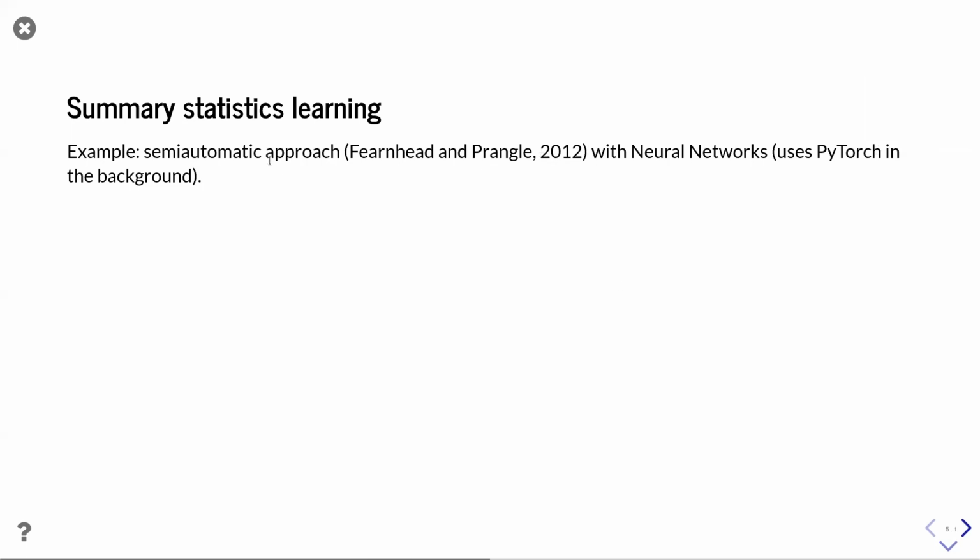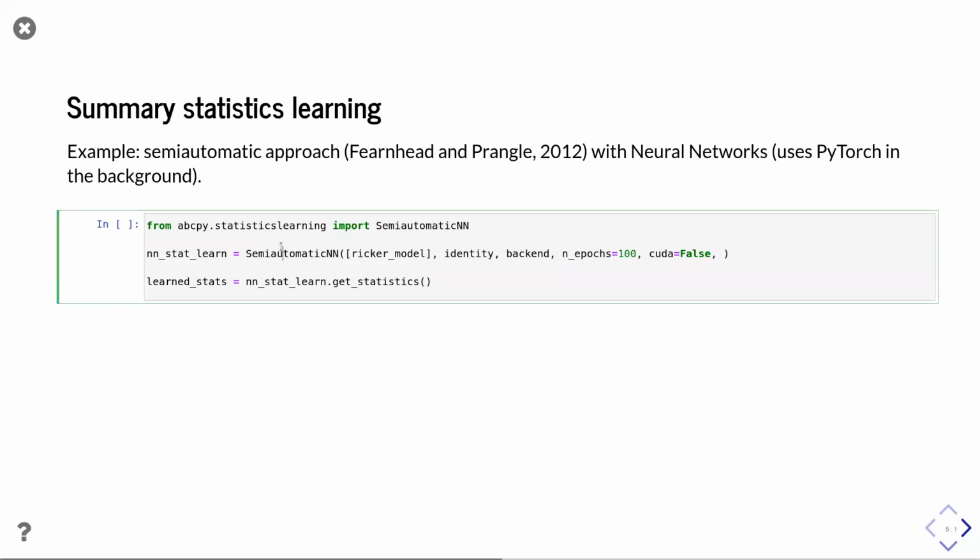When we use neural networks in ABCpy, ABCpy uses PyTorch in the background for handling the training and so on. So let's see how this is done. You see, this is actually quite easy. We have the semi-automatic NN class in ABCpy, which performs the semi-automatic neural network learning. You need to import it from the library with this line, and you just instantiate it with this other line.